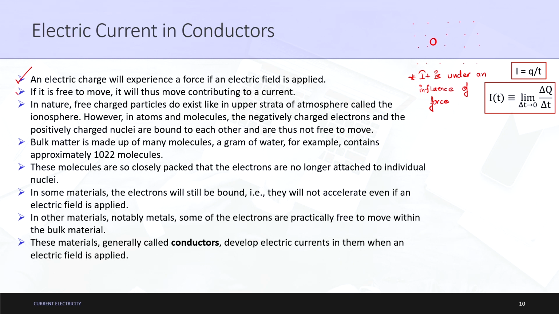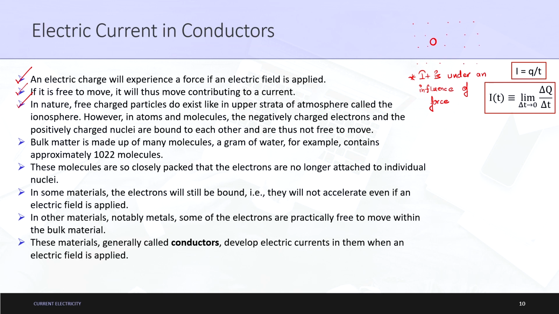So, this is the initial concept of introduction of current, that if a charge moves either in an electric field or in no electric field, there will be production of electric current. In nature, free charged particles do exist, like in the upper atmosphere called the ionosphere. These are applicable for lightning to occur. However, in atoms and molecules, the negatively charged electrons and the positively charged nuclei are bound to each other and thus are not free to move.